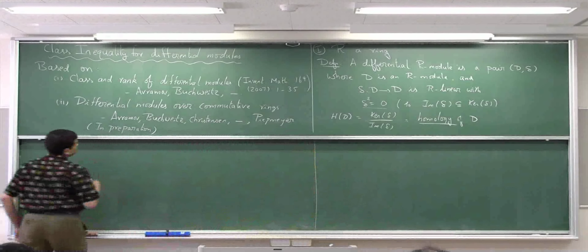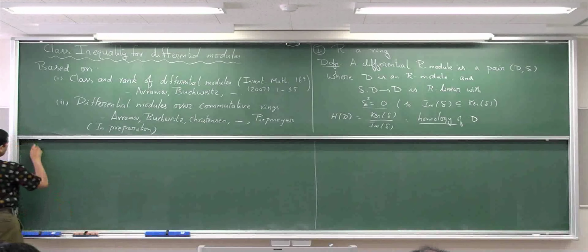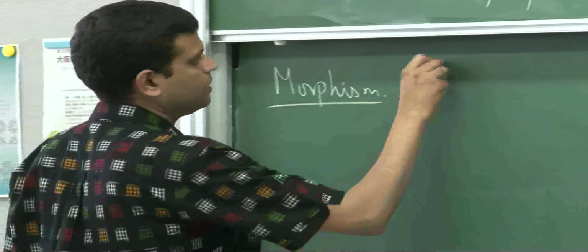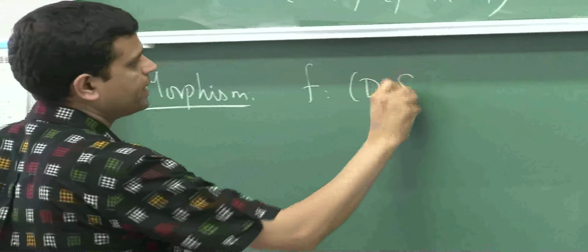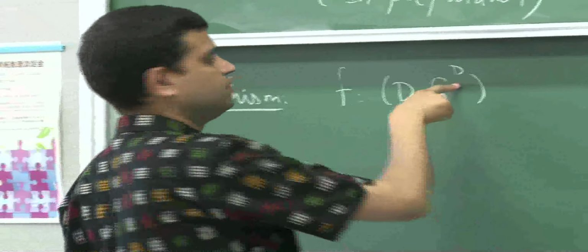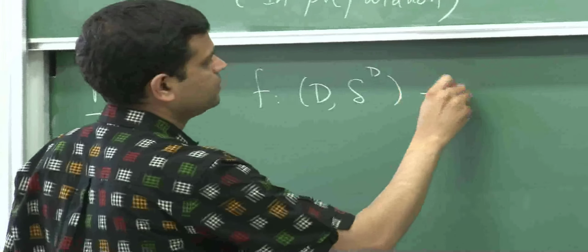And you can expect what the notion of a morphism is. So a morphism is a map of pairs. If I want to emphasize which module the delta depends on, I'll put D here.